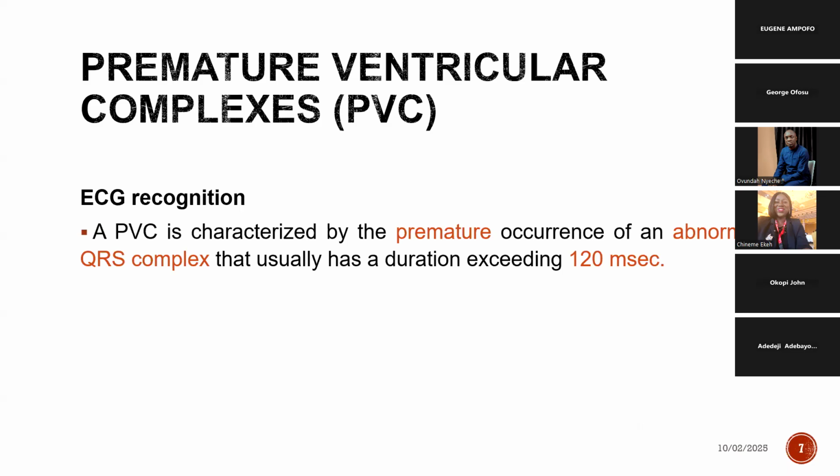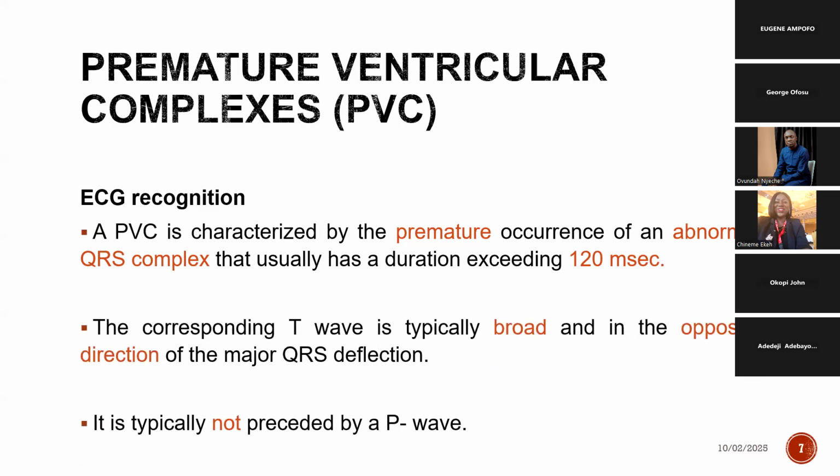How do we recognize this on an ECG? Basically, a PVC is characterized by premature occurrence of an abnormal QRS complex that usually has a duration that exceeds 120 milliseconds, or 3 small boxes on the ECG paper.